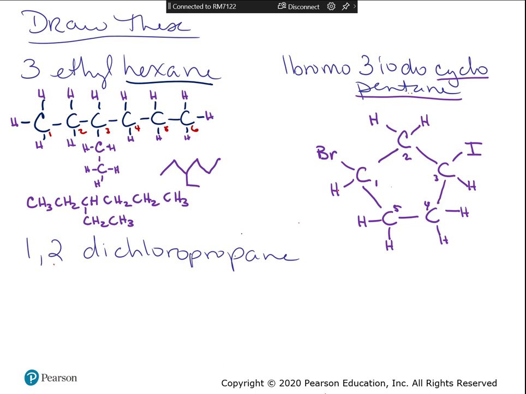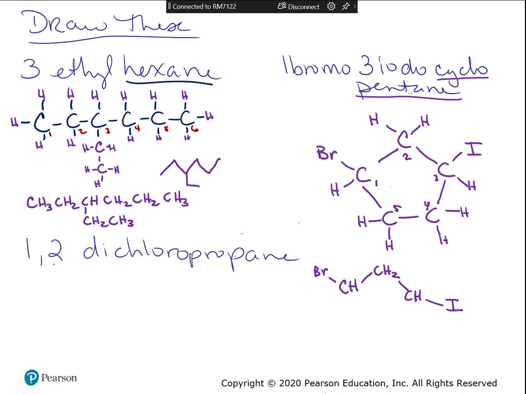But if you wanted the condensed structural formula for this, what would carbon number 1, how many hydrogens does carbon number 1 have around it? So it would be just CH with a Br sticking off. And then go into carbon number 2, how many hydrogens? CH2. Then coming down, carbon number 3, CH with an iodine coming off.